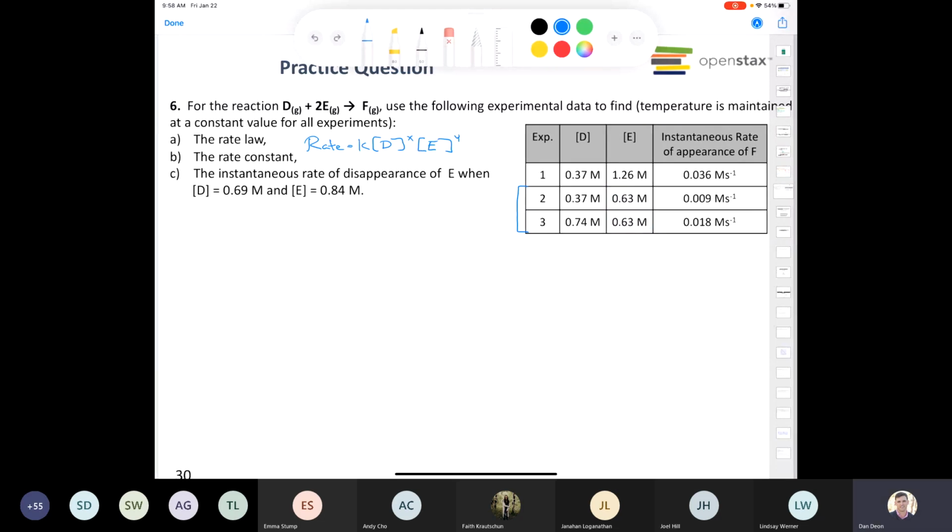So I'm going to take reaction 3 and divide it by reaction 2, or rate 3 divided by rate 2.